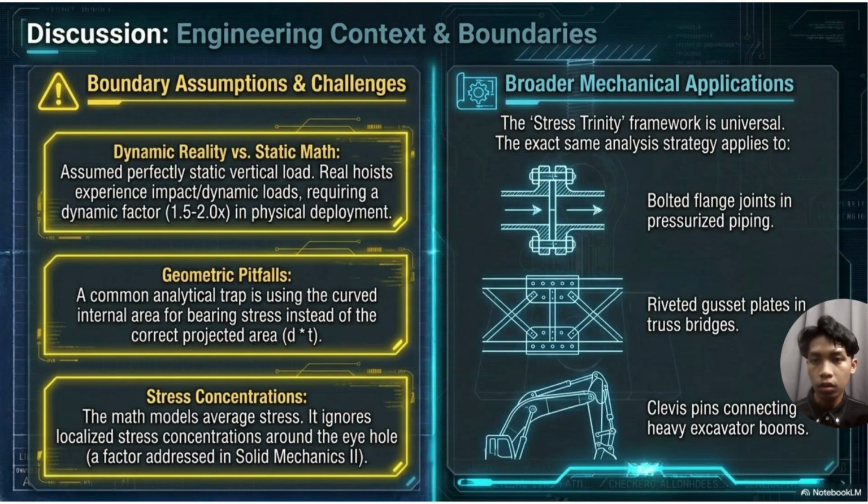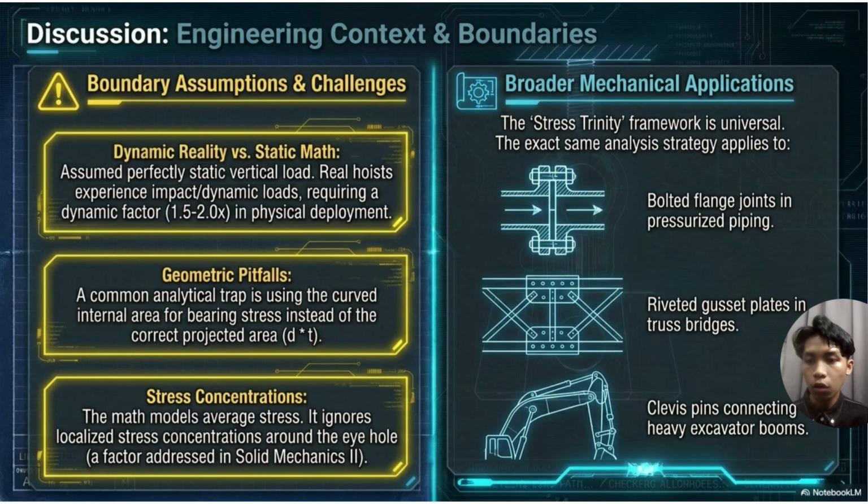Next, for the discussion, engineering context and boundaries: boundary assumption and challenge. Dynamic versus static. We assume a perfectly static vertical load, but a real hoist experiences impact or dynamic loads, requiring a dynamic factor of 1.5 to 2.0 in physical deployment.